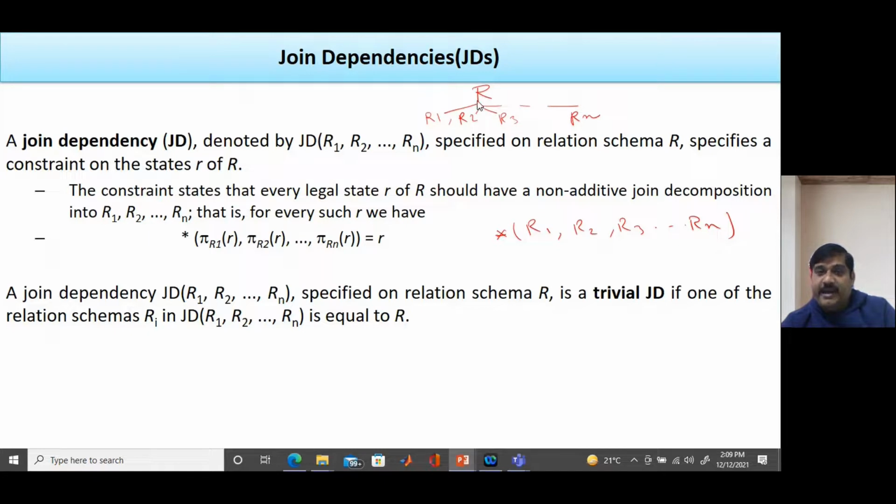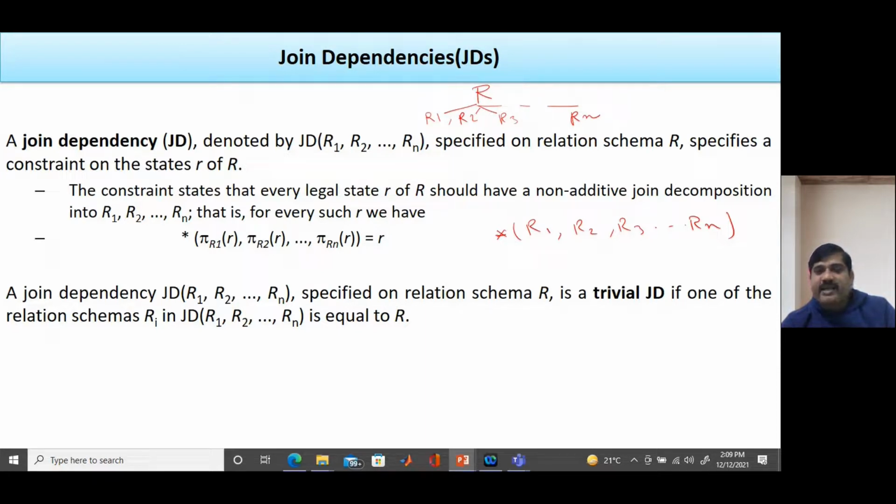And that join dependency is non-trivial if there is no subschema that is equal to R, and second, the candidate key is not equal to R. Then only we will say that there exists a non-trivial join dependency.